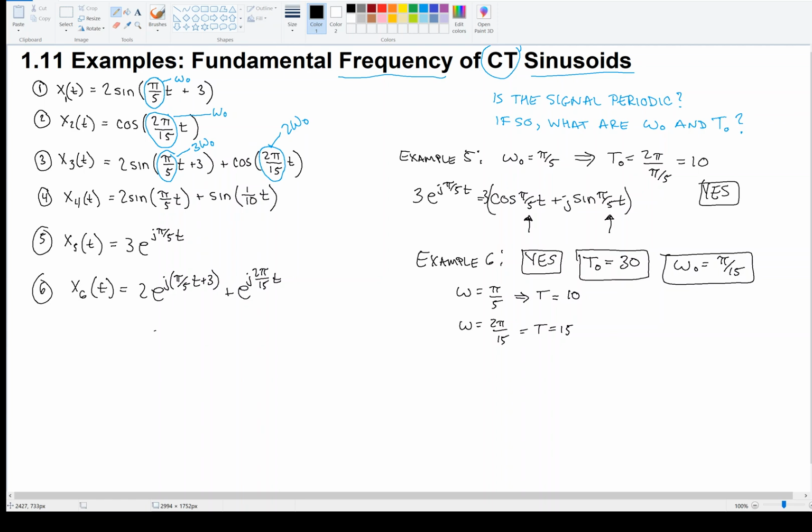Okay, so I think you get the idea now. I'm going to just remind you of a certain other type of signal. Let's say we have something like this: 4 e to the 3 plus j t. And we want to know, is that periodic?